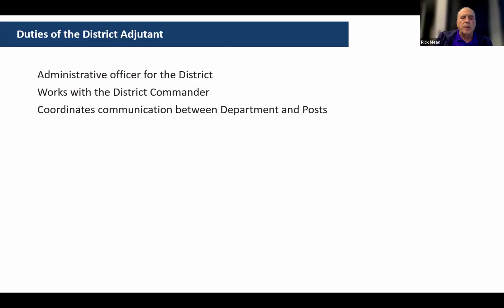This coordination of communication is essential, so that people are aware of what's going on and aware of changes that are being made and aware of events that are coming up that they need to be aware of. But that coordinating communication between department and post is a key function of that district area.